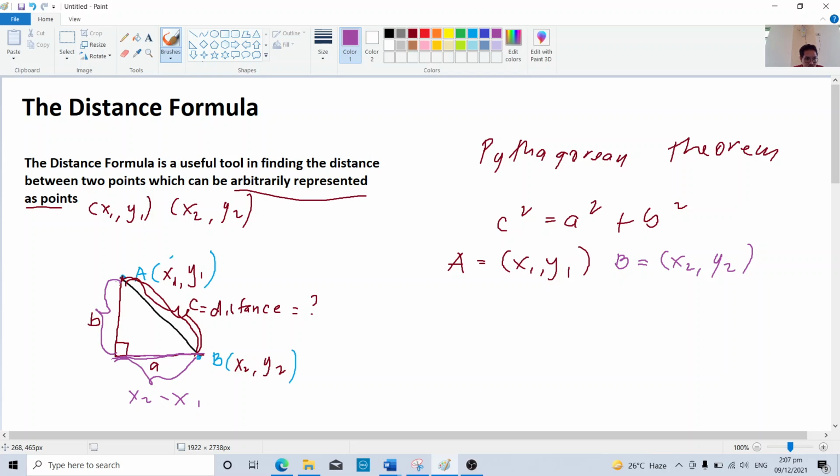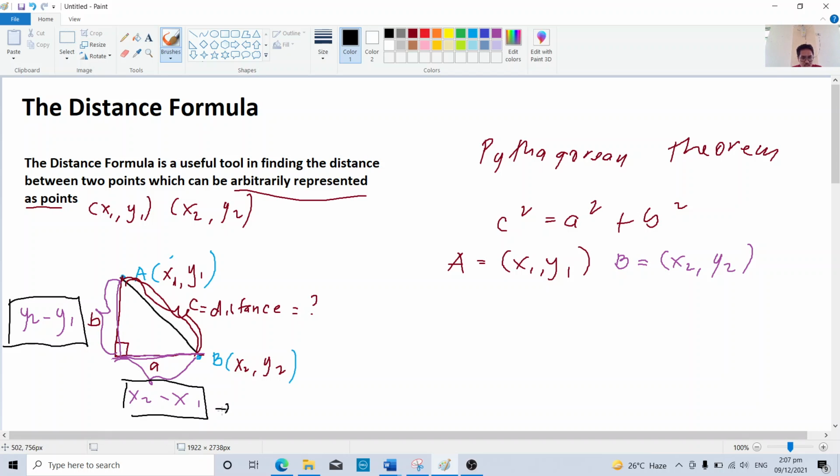Dito sa vertical, andito yung y sub 2 minus y sub 1. Ibig sabihin lang ng x sub 2 minus x sub 1, itong expression na to at ito, kung paano siya babasahin.